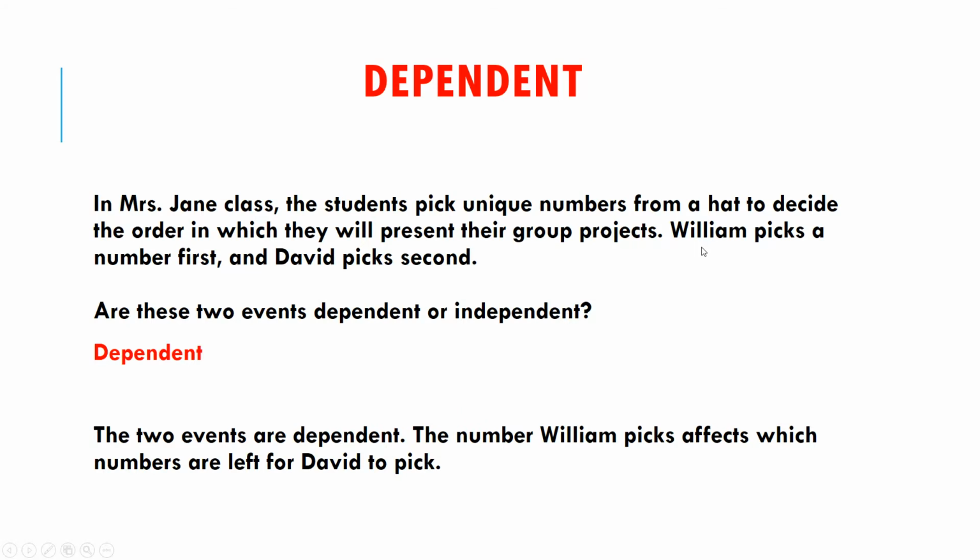When William picks number 2, for David only 4 choices are left. So are these two events dependent or independent? The answer is dependent, because the number William picks affects which numbers are left for David to pick.